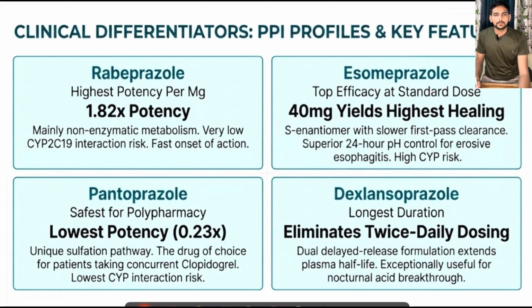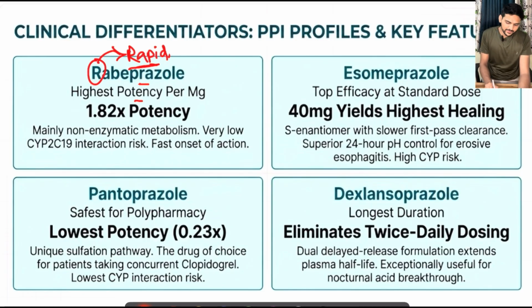Coming to various proton pump inhibitor medications, the commonly used ones are being discussed here. Rabeprazole, which has good potency when it comes to its action, and remember, R for rapid. So among PPIs, this particular medication has rapid onset of action.